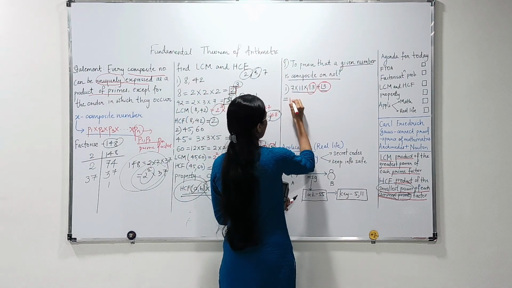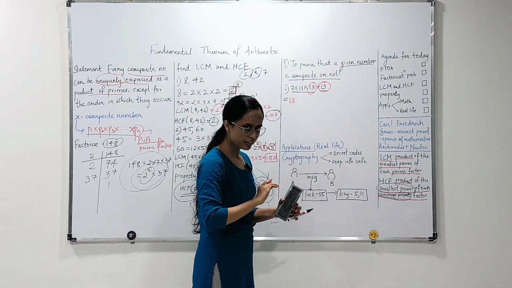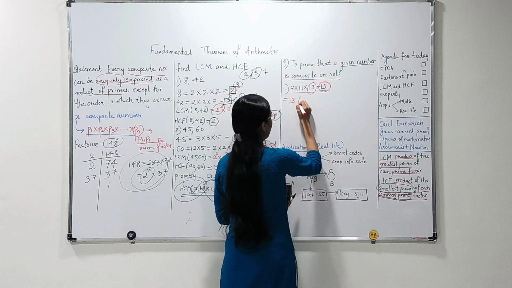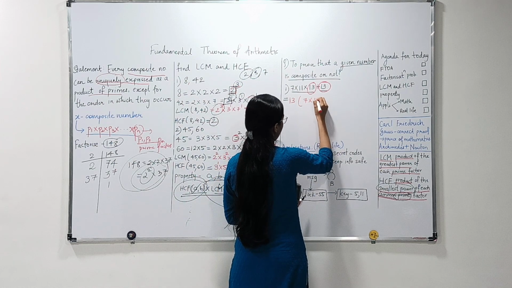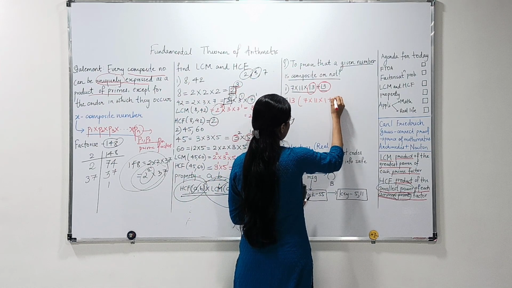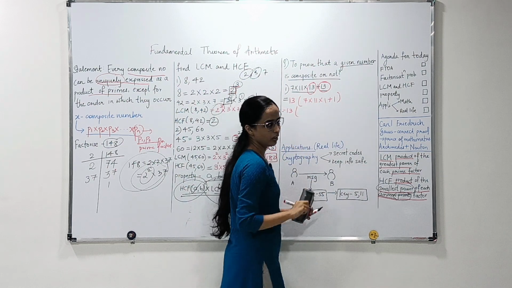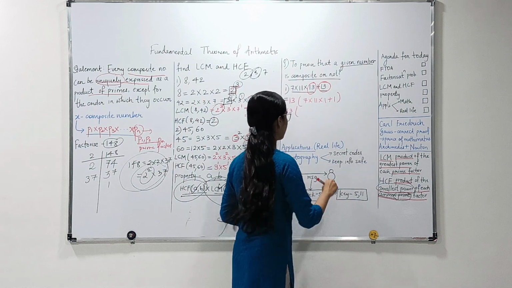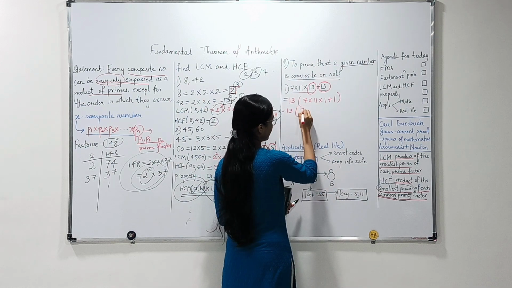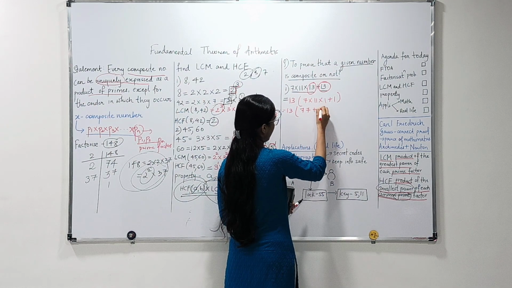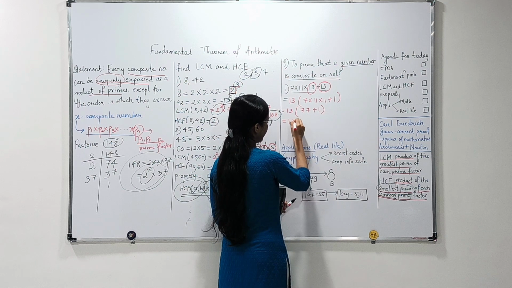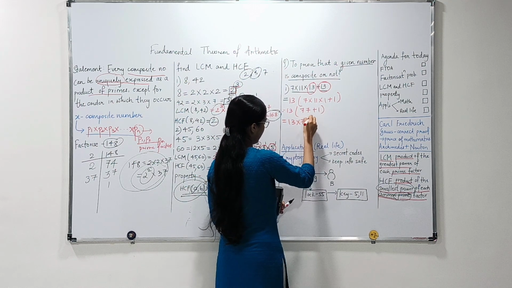So we are going to write 13 outside the bracket. What's left inside the bracket? You have 7 into 11 into 1 plus 1. First, by the BODMAS rule, we are going to perform multiplication. So we have 7 into 11 into 1, that's 77, plus 1, so that is 13 into 78.